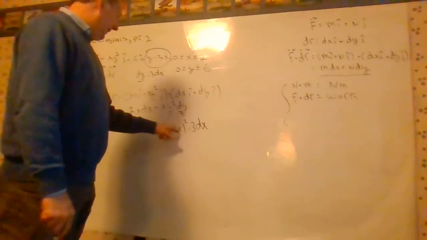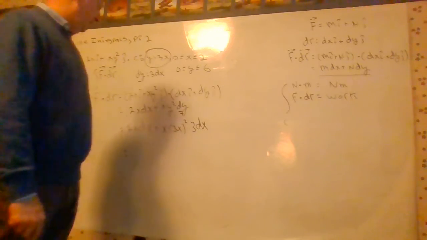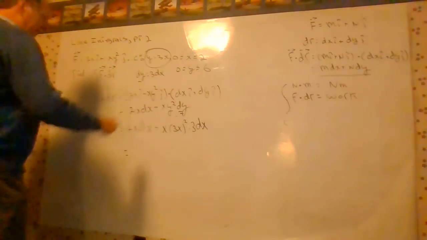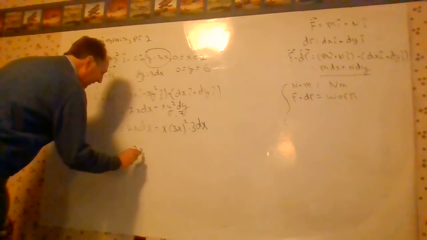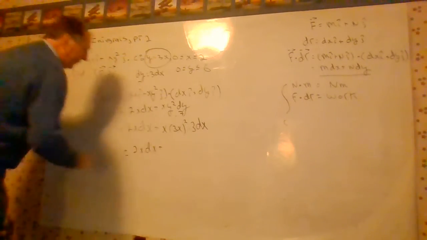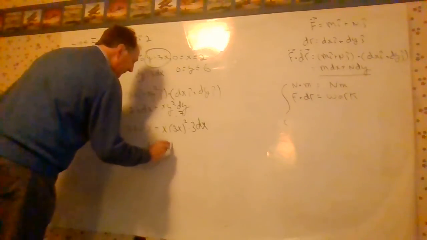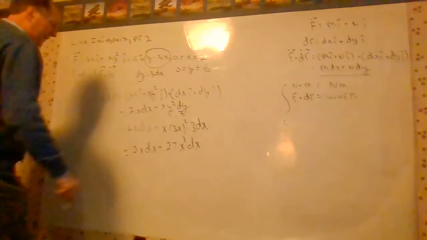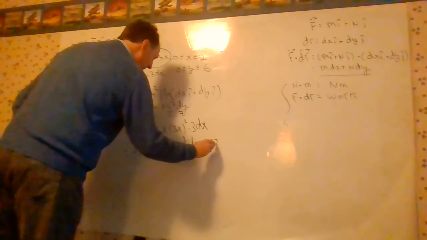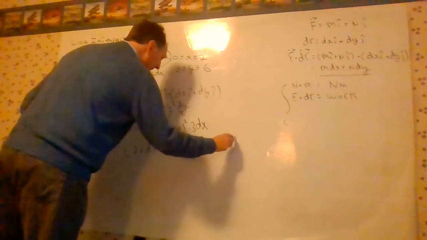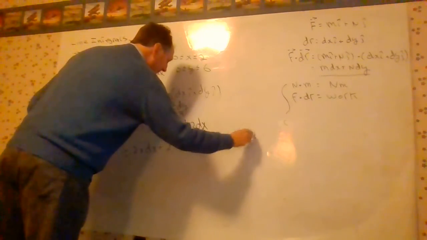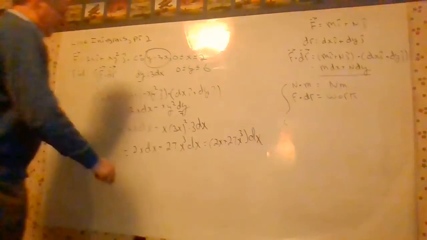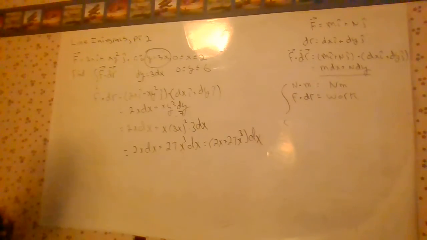And we get 9x squared times x, 9 times 3 is 27. This is really 2x dx plus 27x cubed dx. And you can even write that as 2x plus 27x cubed dx.